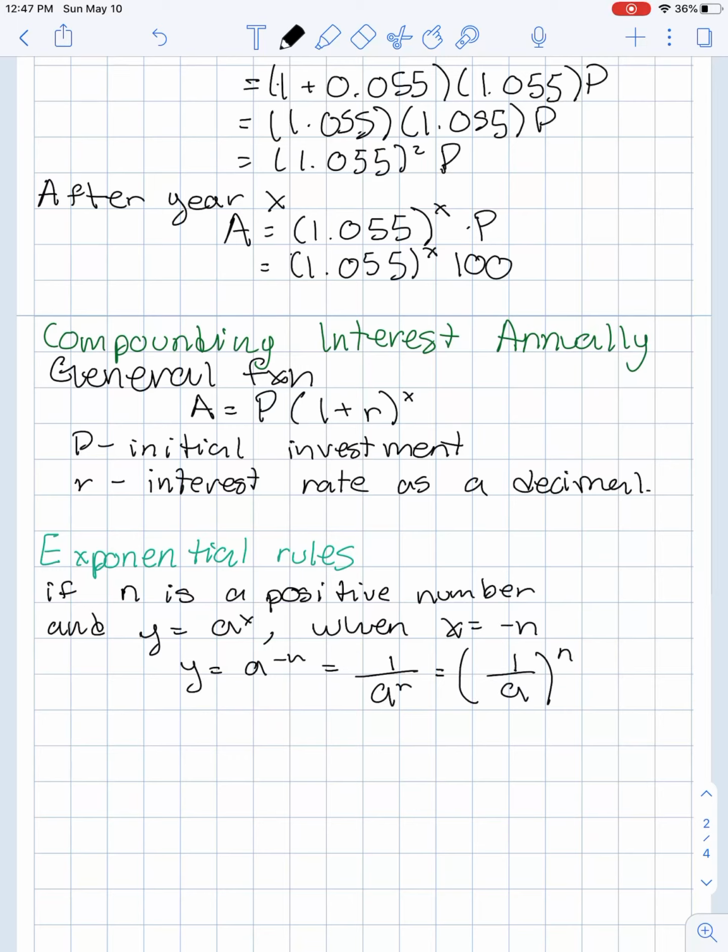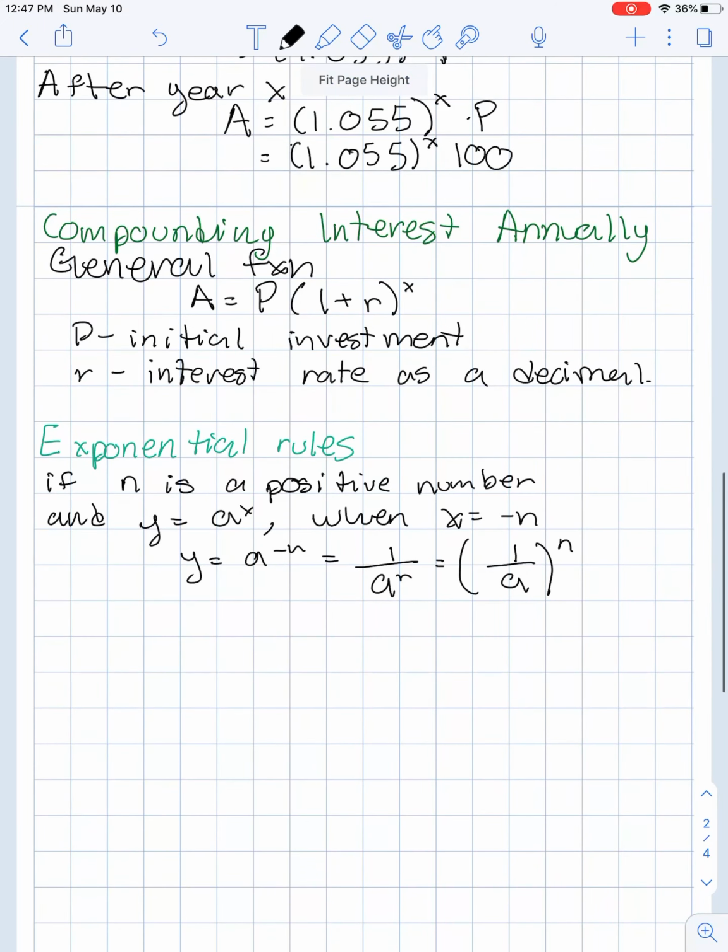And then I actually can do something really cool. I can pull out this n. I can do that because 1 to the n is 1. So these three things are equal to n. All right.